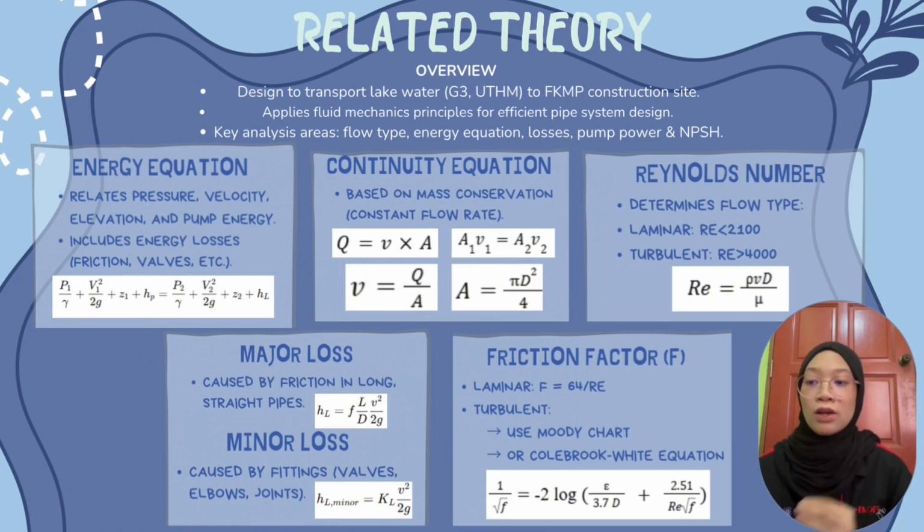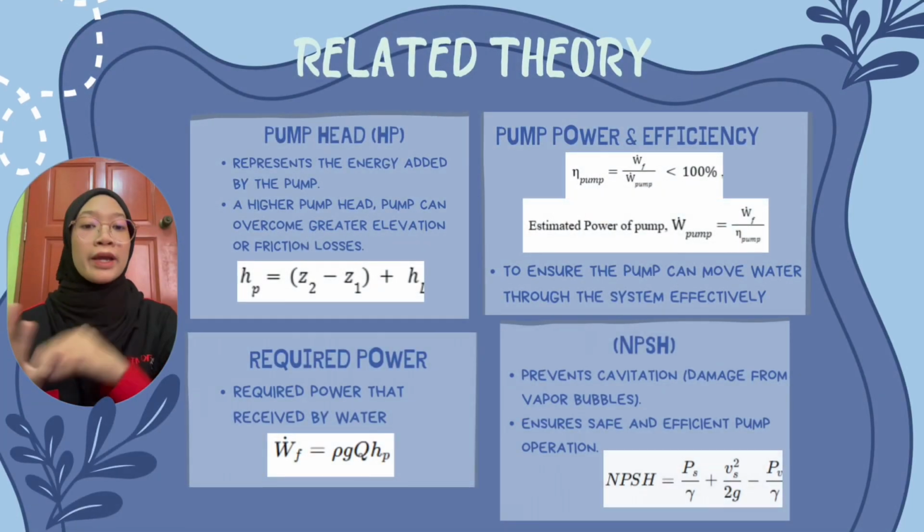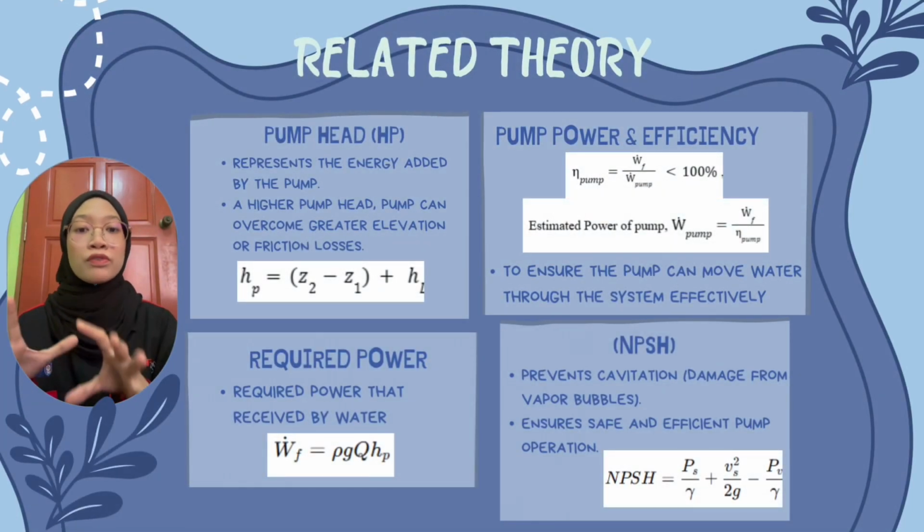For minor losses, they are caused by valves, elbows, joints and so on, and can be determined directly using HL minor equals KL times V squared over 2g. After we have determined the head loss, we need to find the head pump.